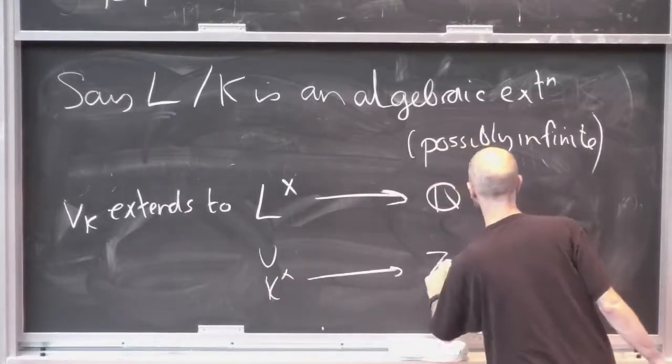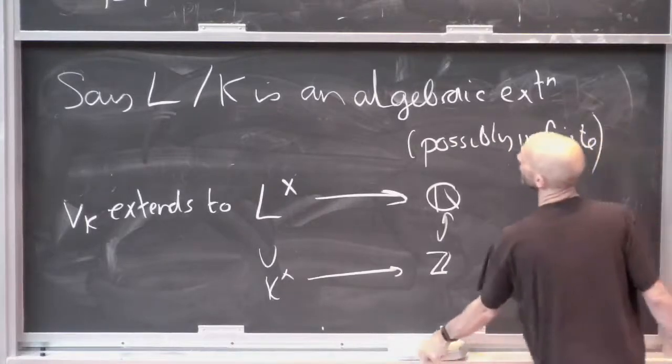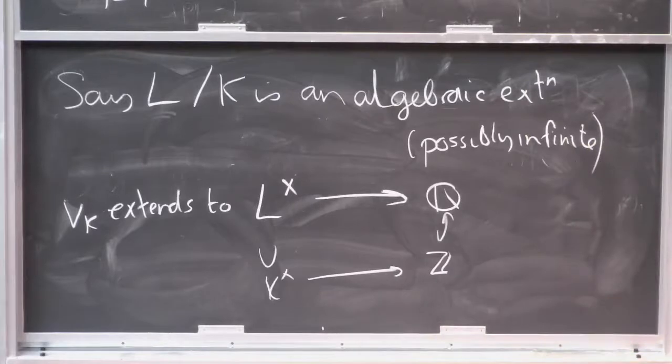So Vk extends to a map from L star to Q, that contains k star, and that goes onto Z. And if L over k is infinite and algebraic, it really might surject onto Q.